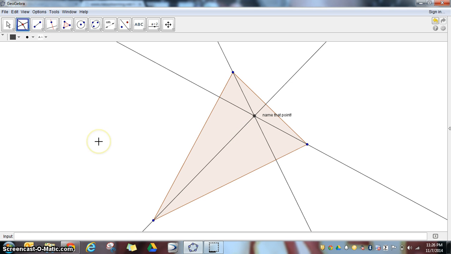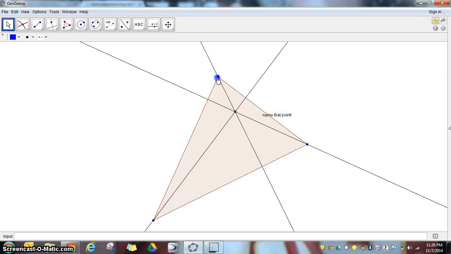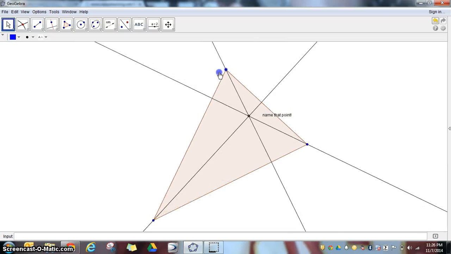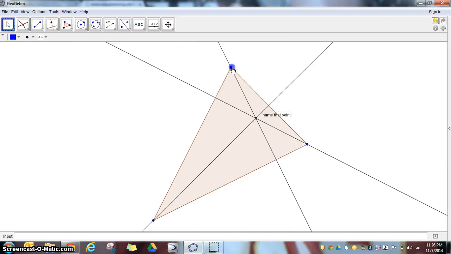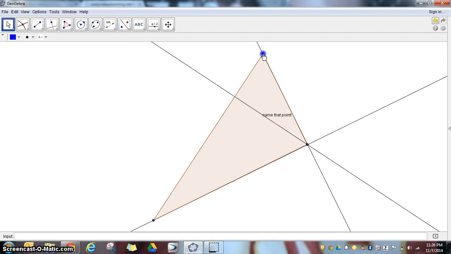One thing that I do want to mention that's kind of neat about this triangle, if you get your selection tool, your move tool, let's just check out what happens to that point of concurrency as we move this vertex around. Notice if I create a right triangle, notice what happens to that point of concurrency.